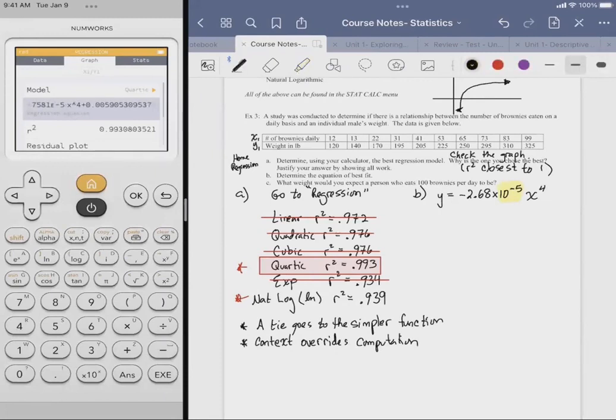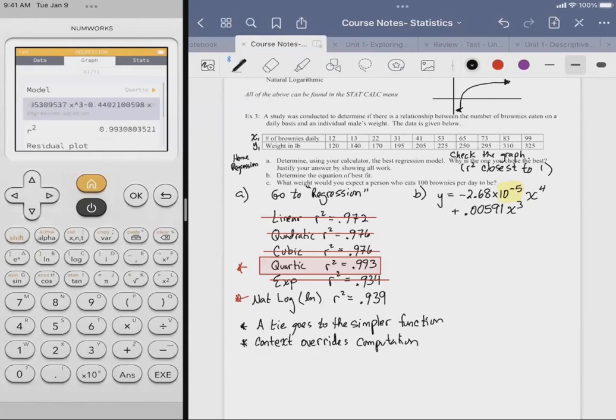So always check at the end of a constant, especially when it's real data analysis, check for any scientific notation. So then I would continue my equation. So plus 0.00591 x to the 3rd. That little caret symbol means to the power.